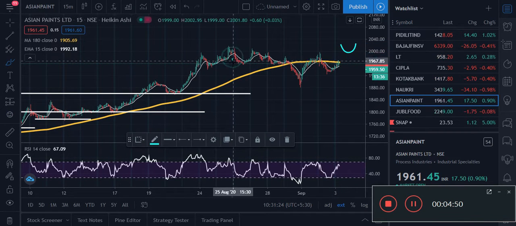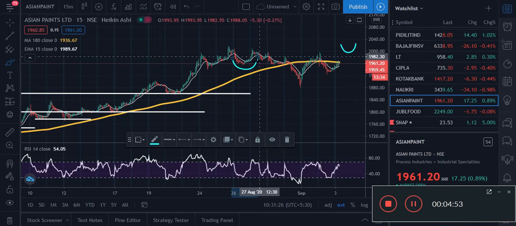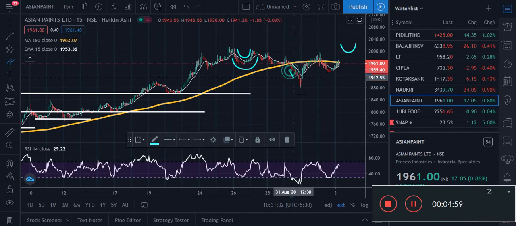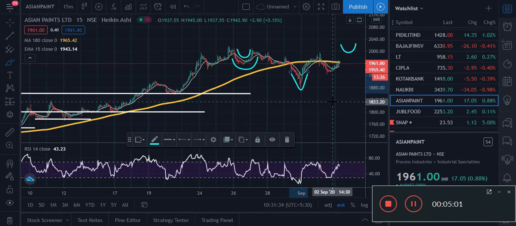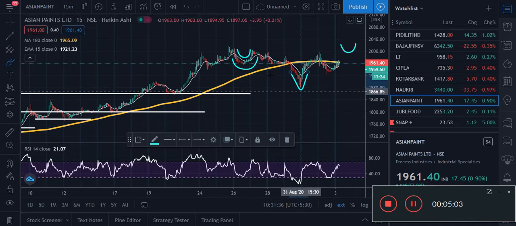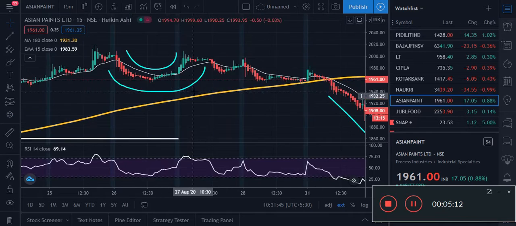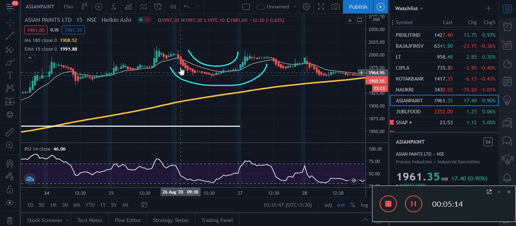You see this one, it's a beautiful cup and handle. It should be like a U, that's how simple I can put it, but it should not be like a V. A V is just too much fluctuation in the market, but this is a smooth curve. You slowly understand with many candles that it's trying to reject. Just look at this, such a beautiful cup and handle.